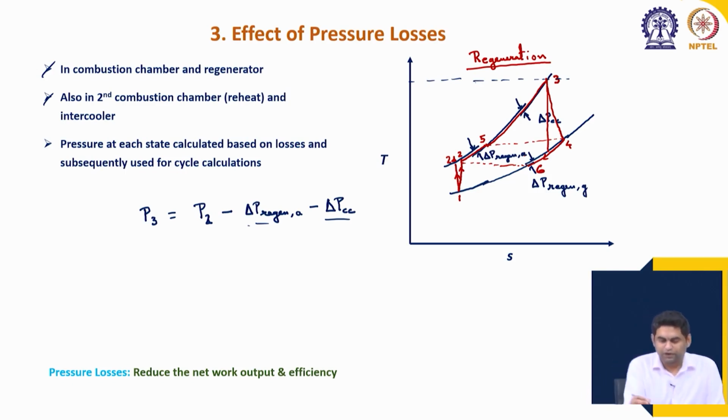Typically, regenerators may have 2 to 3% pressure loss. Combustion chambers for industrial gas turbines may also have 2 to 3% pressure loss. 2 to 3% of what? 2 to 3% of the compressor exit pressure, which is known as the compressor delivery pressure.